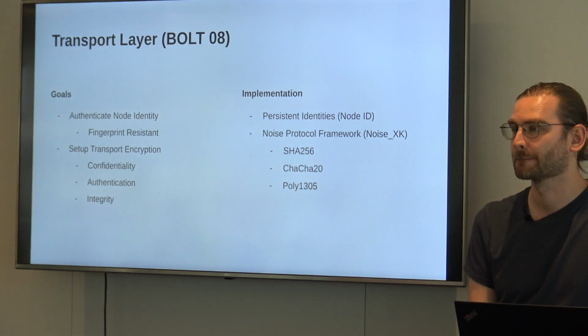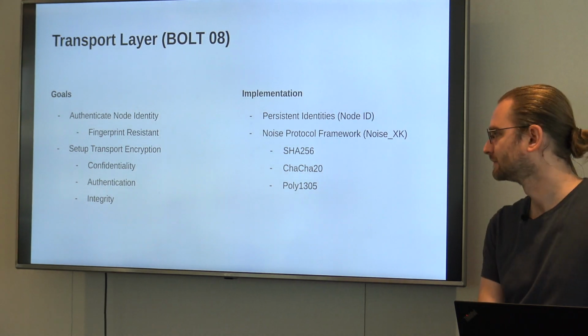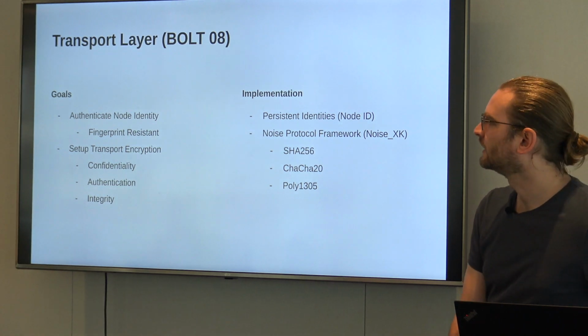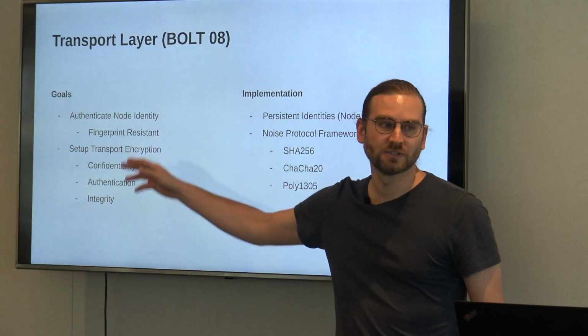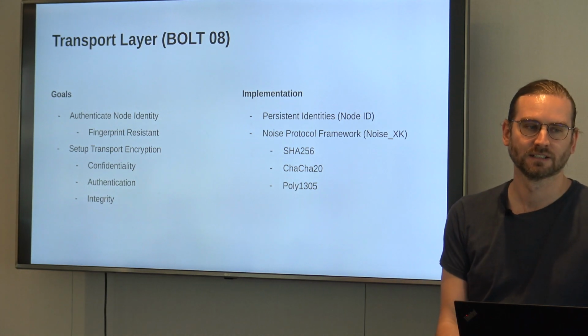And that's not considered part of the noise protocol? It is part of the noise protocol. It's also one of the reasons why we need persistent identities, because Noise XK wouldn't work without persistent identities. Exactly. We need to authenticate a node, and then everything cascades from there.